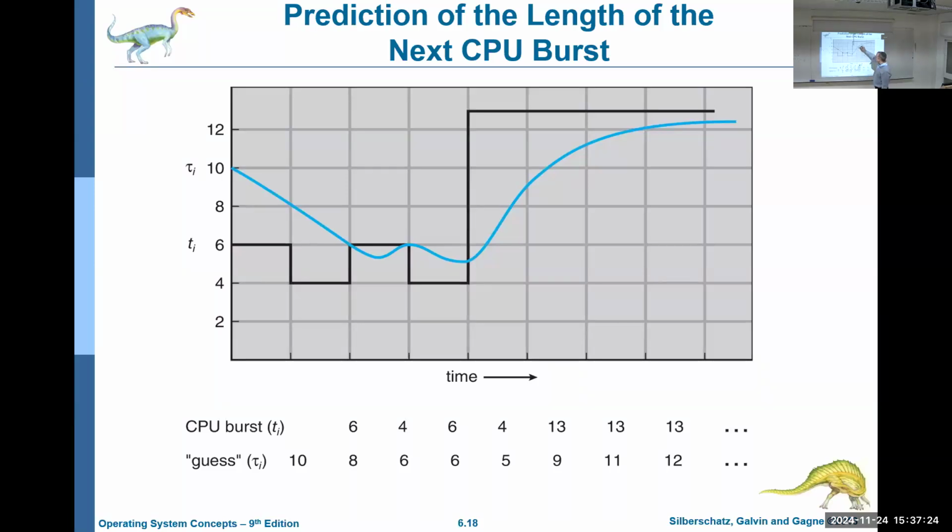So our next prediction is 9, and that's this point over here. And the reality wasn't 9, it was 13 again over here. So now we take 13 and 9, half of 13 is 6.5, half of 9 is 4.5, 11. So our next prediction is 11, and that's this point here.